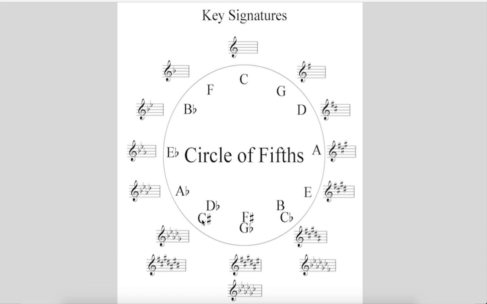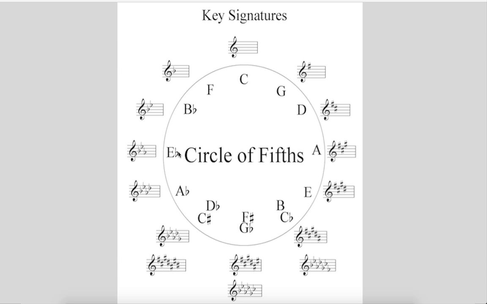If we stay and do C sharp, we're at 7 sharps. But let's jump back and switch to G flat here. So we're at 6 flats. And now that we're in flats, we're going to lose one at every turn. So G flat to D flat, 5 flats, A flat 4, 3, 2, 1, and then back to 0, right?